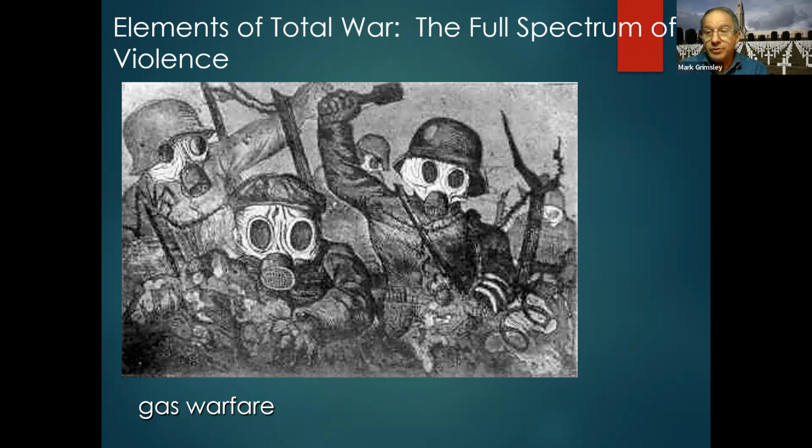Up until this time, you're dealing with gunpowder as the basis of explosions, and there's a real maximum on the amount of explosive power that you can get from gunpowder. But the modern chemical industry creates high explosive. Dynamite is an example of this kind of high explosive, and there are other examples as well.